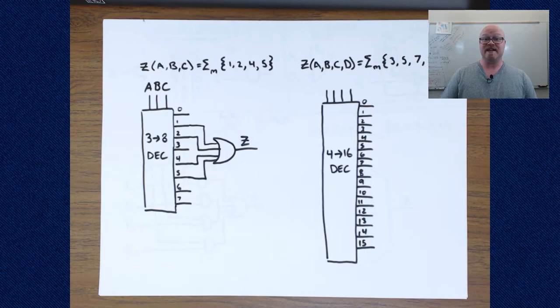So let's do the same thing for this other function that I made up, which I also called Z. But this is a 4-input function with A, B, C, and D as inputs, and it produces high output on 3, 5, 7, 8, and 12, and 0 in every other circumstance. So we can complete converting this decoder into our universal circuit generator for Z very easily.